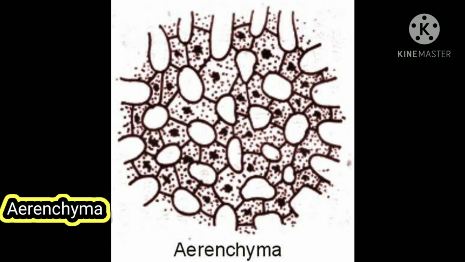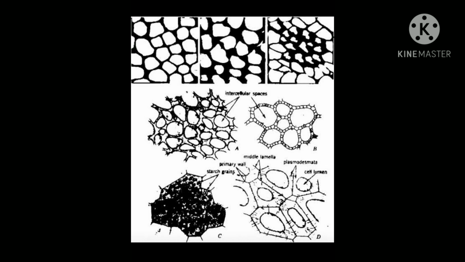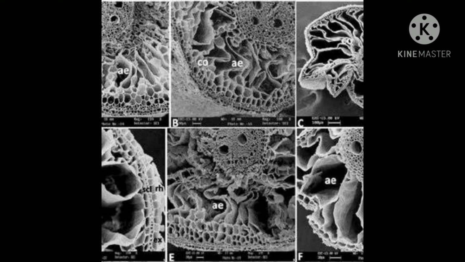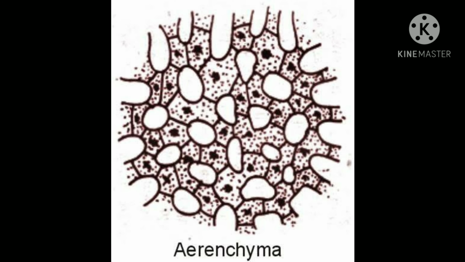Only the aquatic plants consist of this. This helps them to float on the water. You can see the magnified structure of the parenchyma in the above pictures. These are found in the stems, leaves, and the seeds, etc.